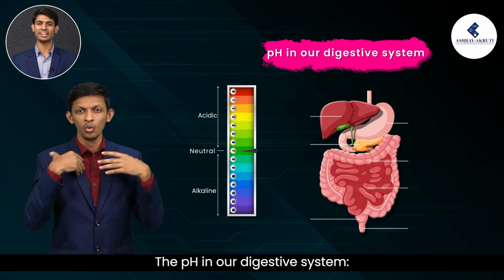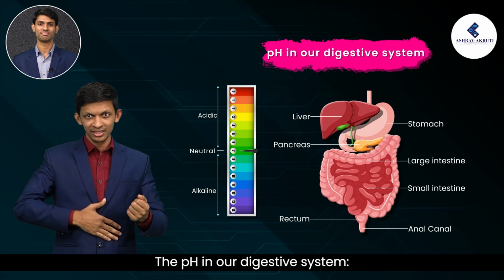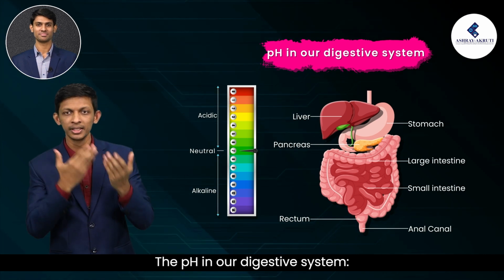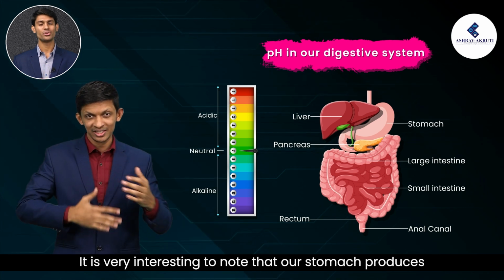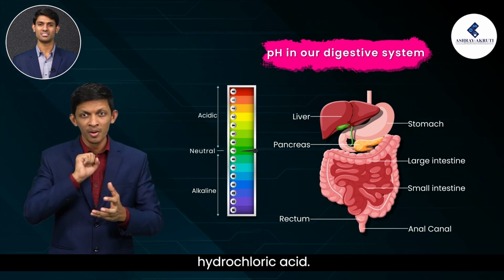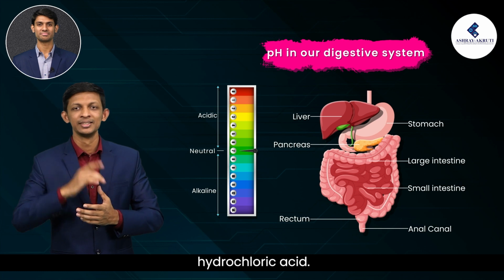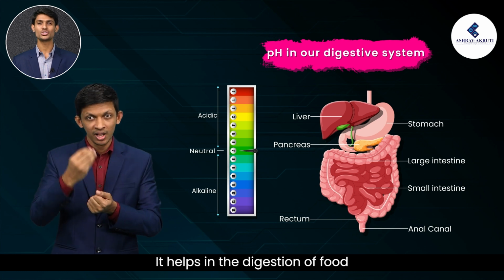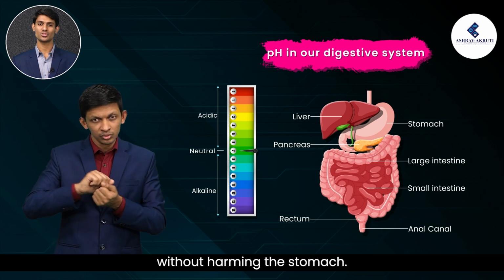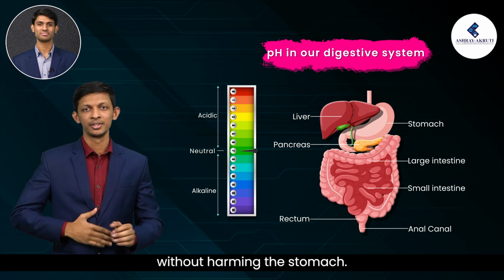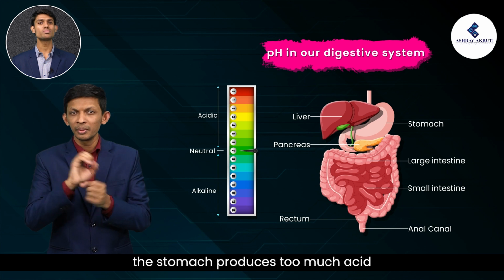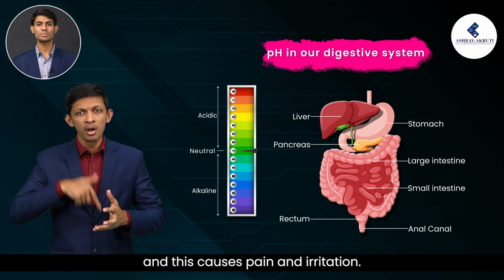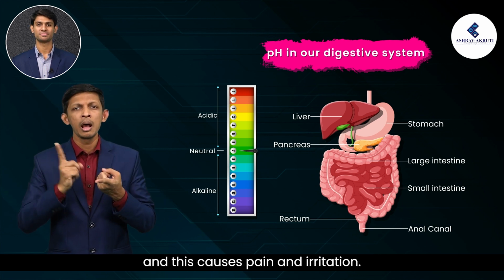The pH in our digestive system. It is very interesting to note that our stomach produces hydrochloric acid. It helps in the digestion of food without harming the stomach. During indigestion, the stomach produces too much acid and this causes pain and irritation.